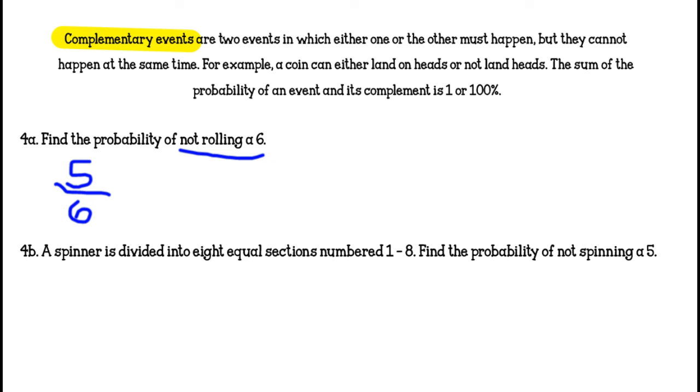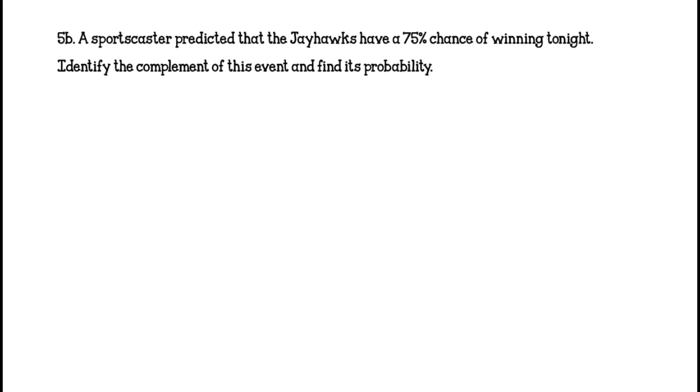For B, a spinner is divided into 8 equal sections. We already know there are 8 possible answers. And find the probability of not spinning a 5. Each section is labeled 1 through 8, and 5 is only one of those. So there are 7 that are not 5. So your probability is 7/8.